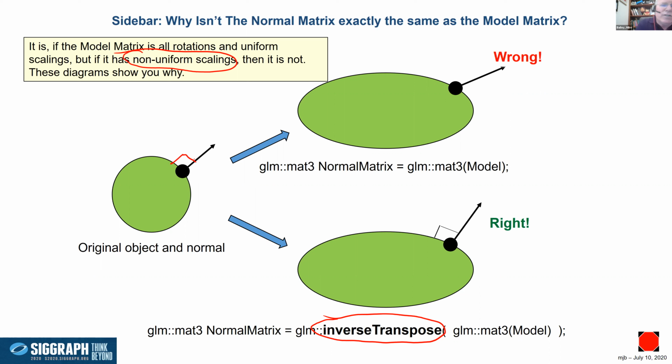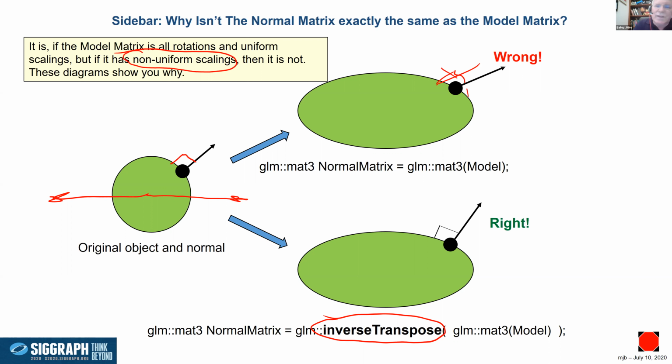If I stretch the object, that is, if I scale it in the x direction, I'm going to get this ellipse. And if I scale, if I stretch the normal in that x direction, I'm going to get this. And clearly, this is not a right angle. So something's gone wrong.